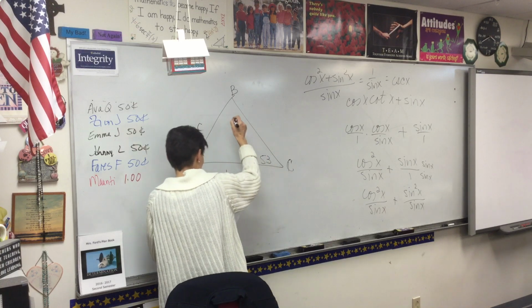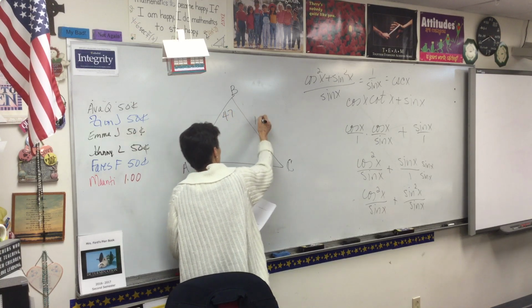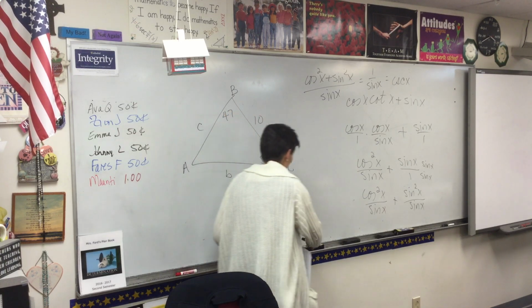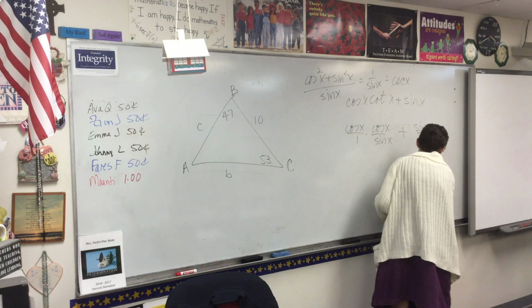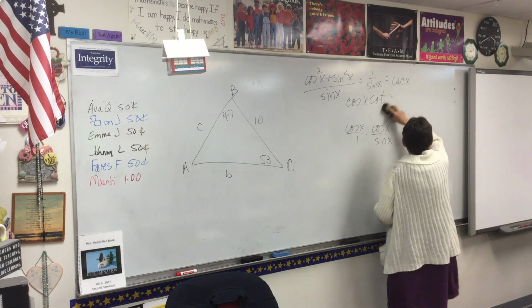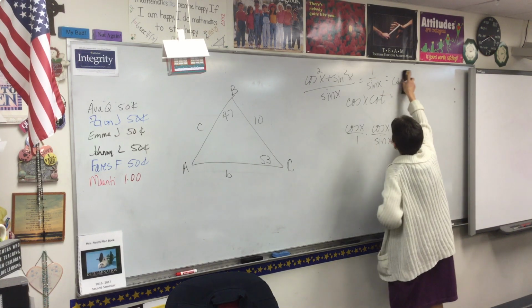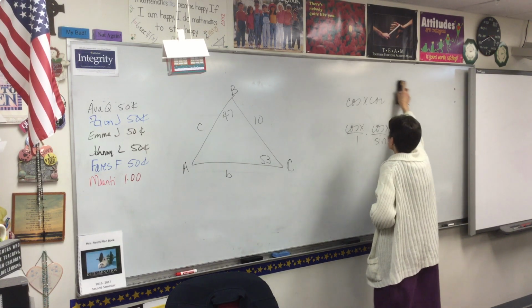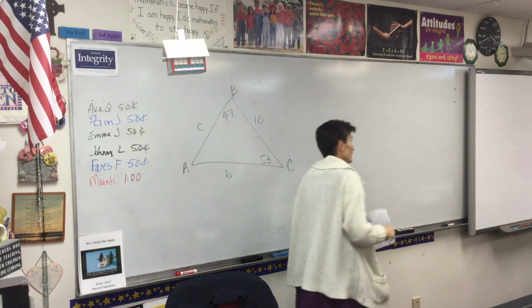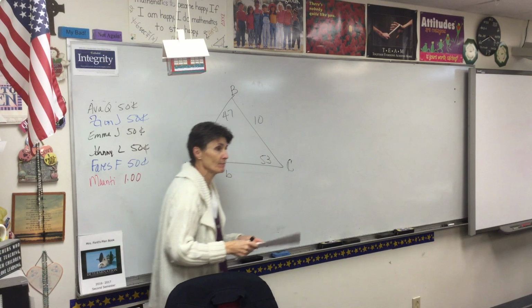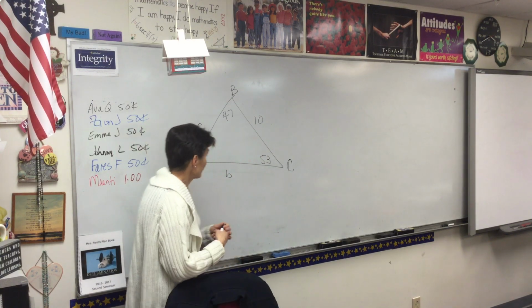All right, so here's the setup. And what do the directions say? Solve the triangle, yep. And what does that mean? When we say solve the triangle, what does that mean? Find all the letters, find everything that's missing. So take a look at it.